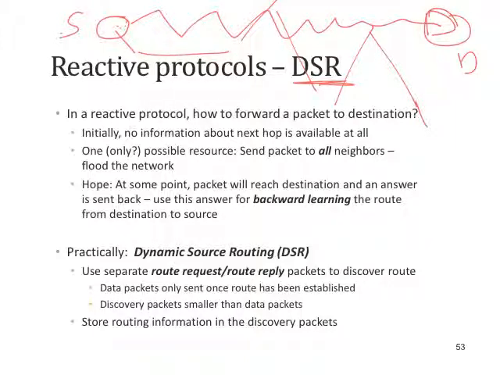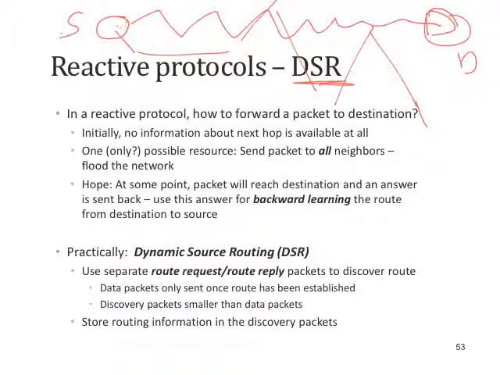Backward learning, based on unicast, based on only sending along a particular path, not broadcast. We do not broadcast the reply. We broadcast the request because we don't know where the destination is. The packets that flood the network know where they are going, from point to point. So we store in the packet itself where it's going.